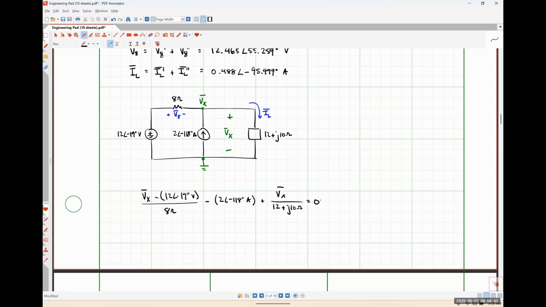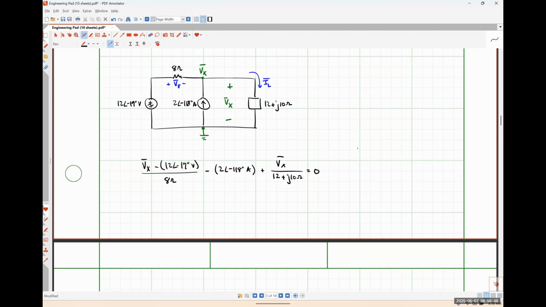So what I'm going to do is isolate my Vx term on the left-hand side, and have everything else on the right-hand side. And so that would look like Vx multiplied by a factor of 1 over 8 ohms plus 1 over 12 plus J10 ohms is going to be equal to 12 angle negative 19 degrees volts over 8 ohms plus 2 angle negative 118 degrees amps.